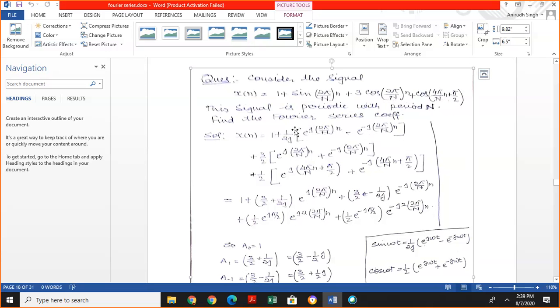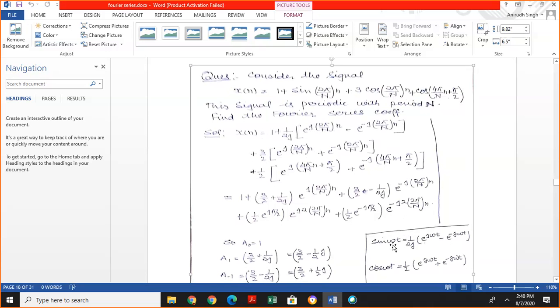So 1 plus 1 by 2j exponential j 2 pi by N minus exponential minus j 2 pi by N multiplied by small n. For this you can write 3 by 2 exponential j 2 pi by N multiplied by small n plus exponential minus j 2 pi by N.